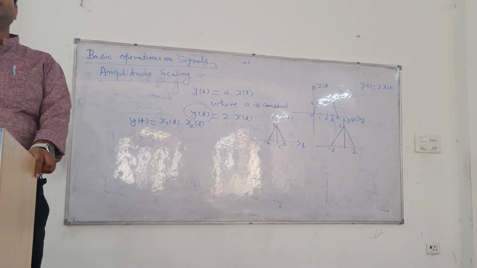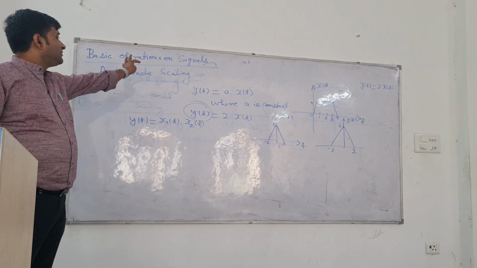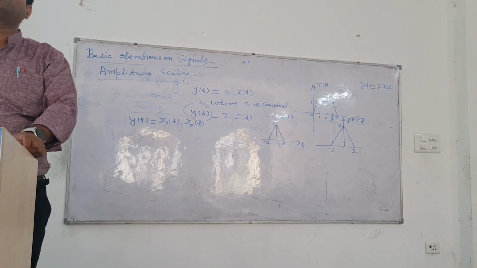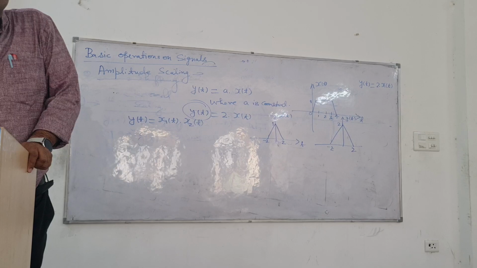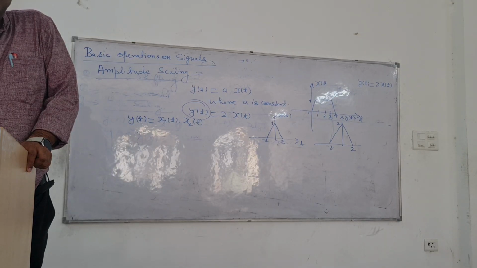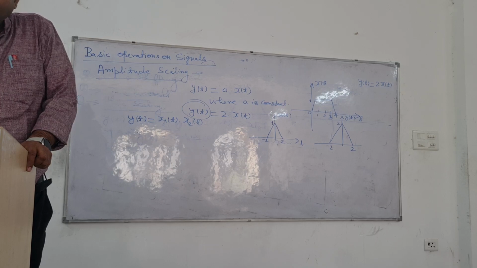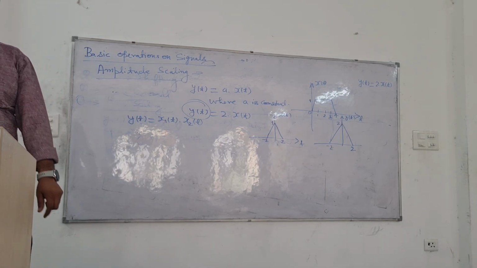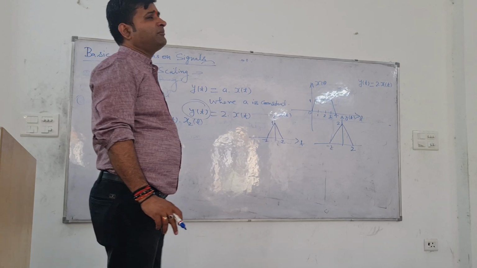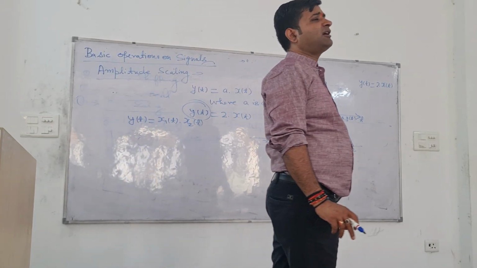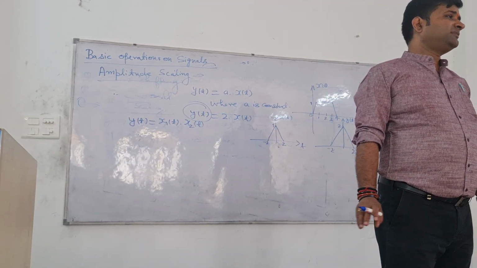Transformation is similar. The basic concept is the basic operation on signals. That's why many books have written basic operations on signals. In Oppenheim, it is written as the transformations concept.